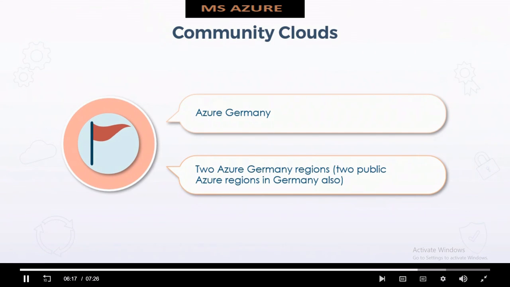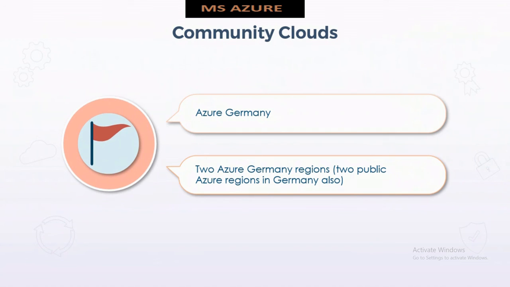So we're talking about a total of 4 regions in Germany at this point in time, but that's changing all of the time. So Azure Germany is a community cloud that would be useful whenever there are German laws that must be adhered to make sure that data and IT workloads running in the cloud stay within German national boundaries.